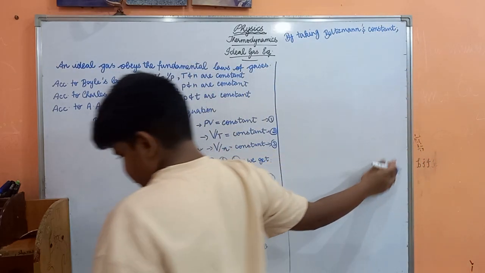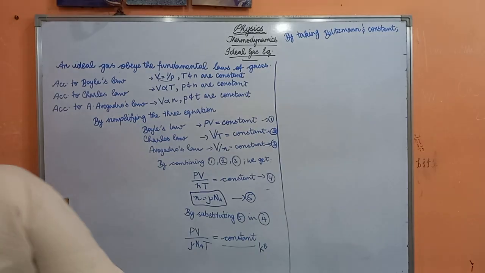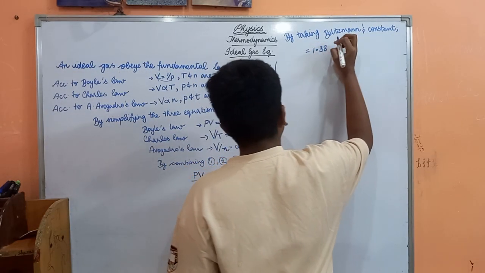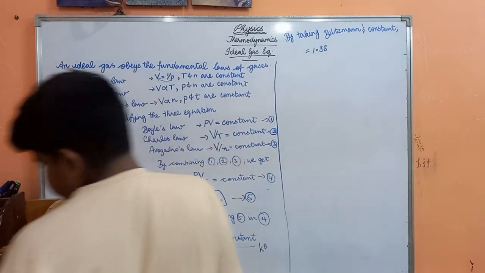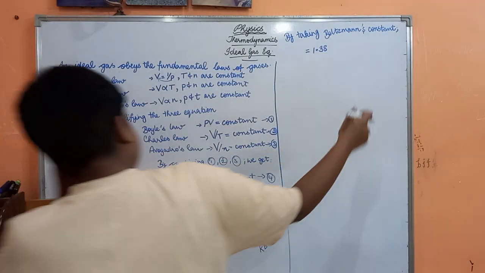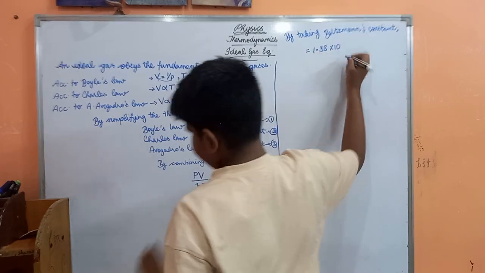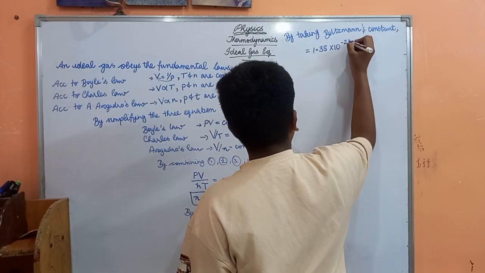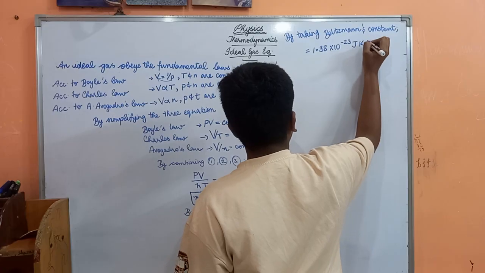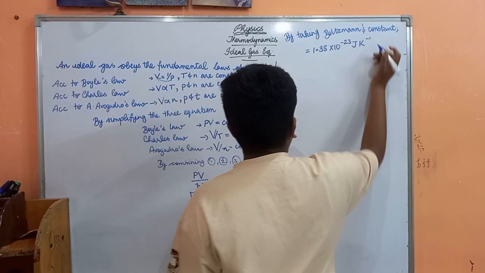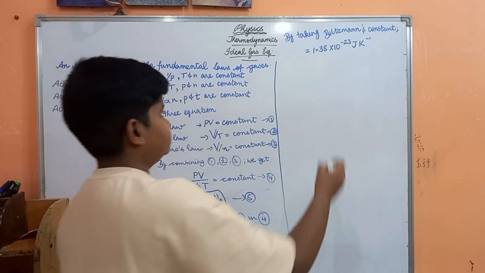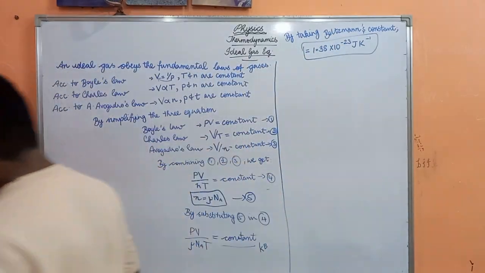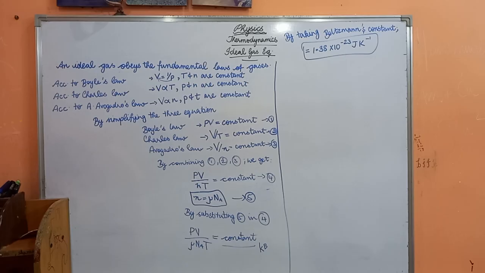So what is the Boltzmann constant? It is 1.38 times 10 power minus 23 joules per Kelvin. So this is the Boltzmann constant. So we can take the value of the constant as this. And the next thing, hence.